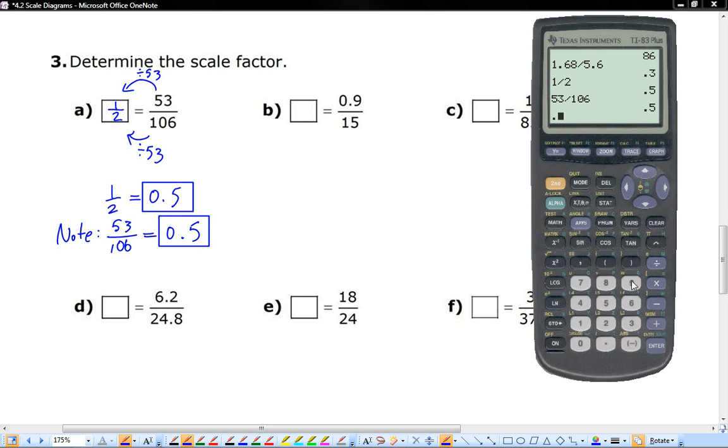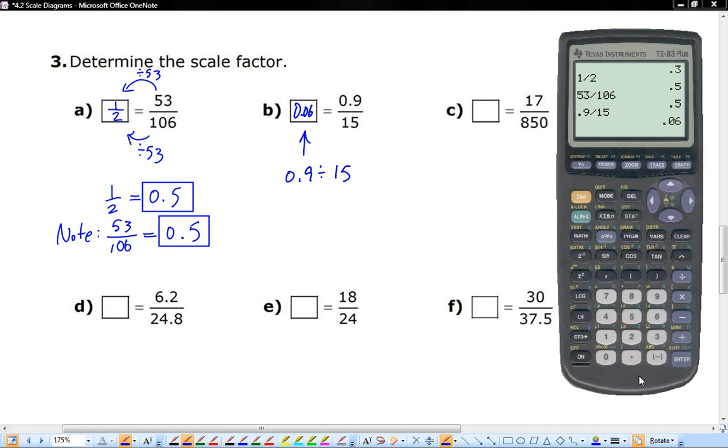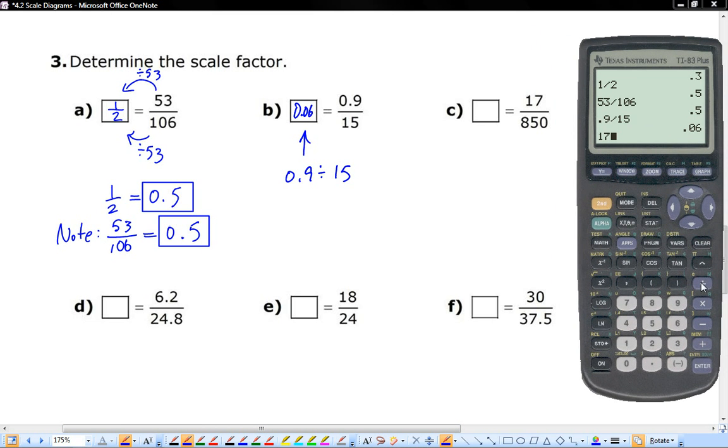Just to speed things up, it's 0.9 divided by 15. This is the scale factor for the next one, 0.06. And again, I'm getting this just by doing 0.9 divided by 15. The next one we have is 17 divided by 850, and this is 0.02.